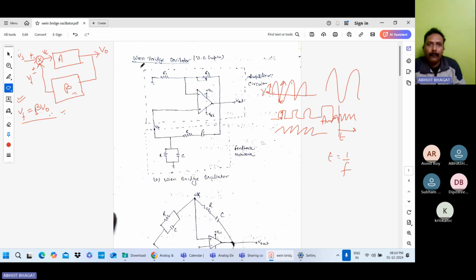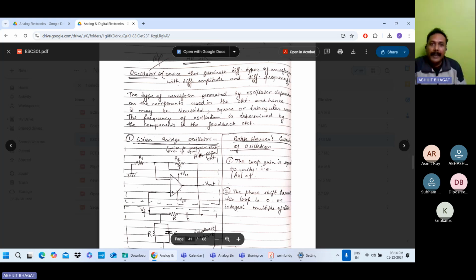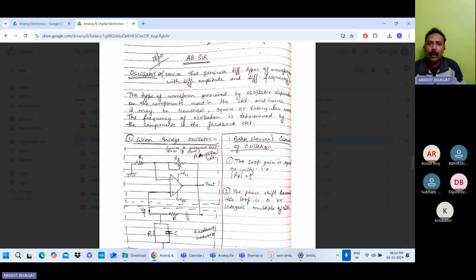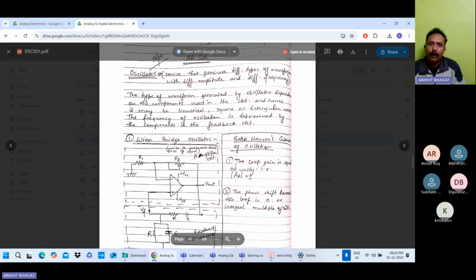Now next, Wien Bridge Oscillator. So next topic, this oscillator. Okay, before that, one topic is there. For any oscillator, there are two criteria for the oscillation, and these two criteria are called Barkhausen criteria of oscillation. So for any oscillation, these two criteria must be fulfilled.